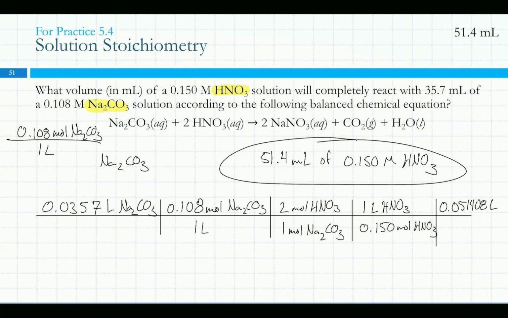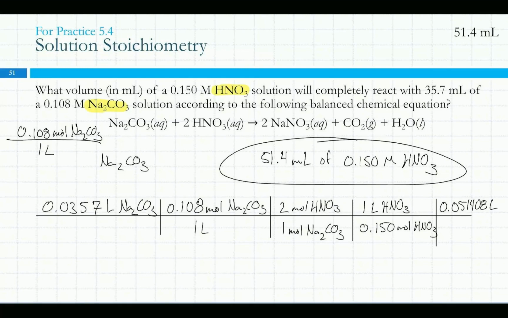Okay, so here's the trick. This only works if you're going from a volume to another volume in a stoichiometry problem. Just like in the other problems, moles cancels out with moles, liters cancels out with liters. It doesn't matter if I use liters or milliliters here, because whatever I put in here is the unit that I'll get out on this side.